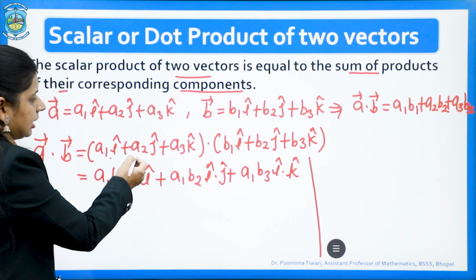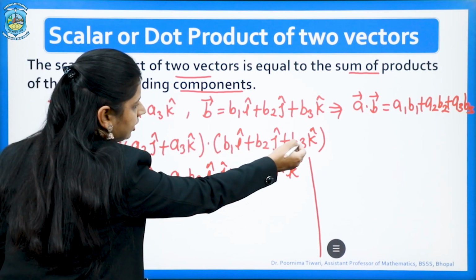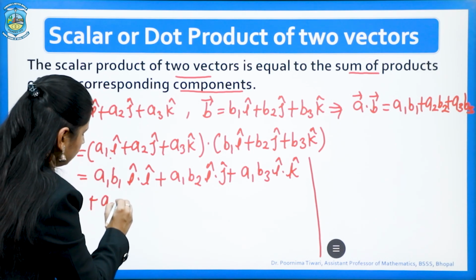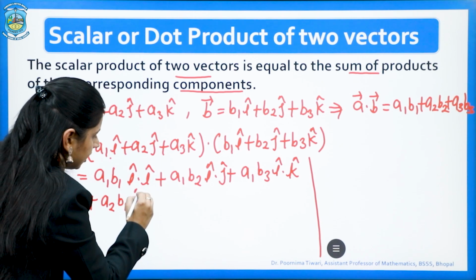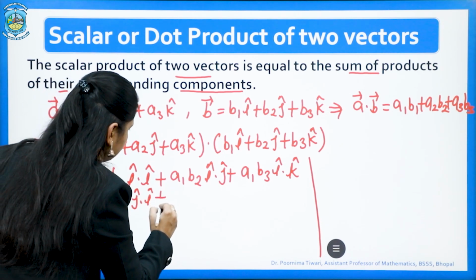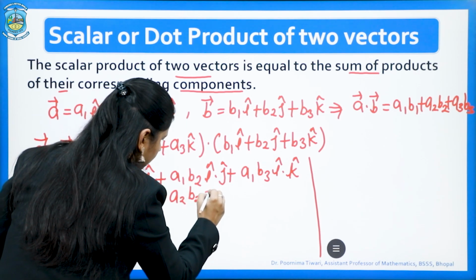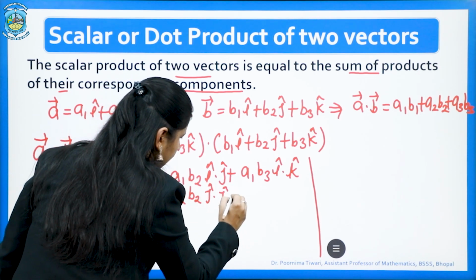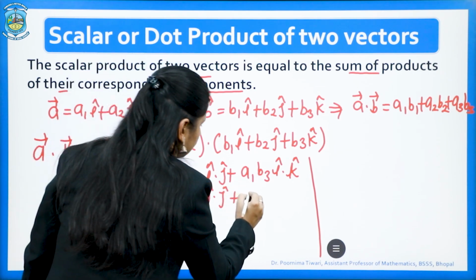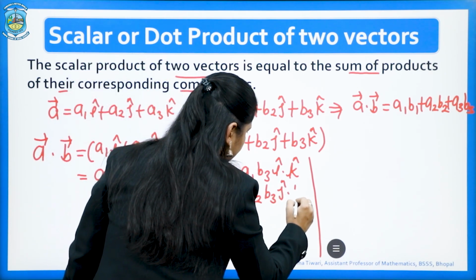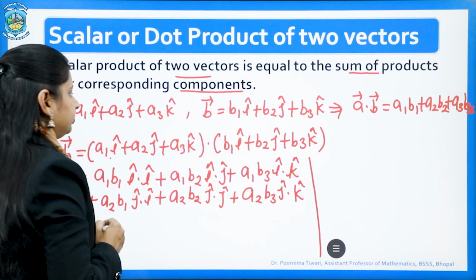Next we will apply the second term with all three terms in the second vector. We will get a2 b1 j cap dot i cap plus a2 b2 j cap dot j cap plus a2 b3 j cap dot k cap.